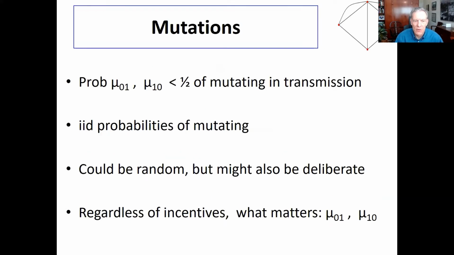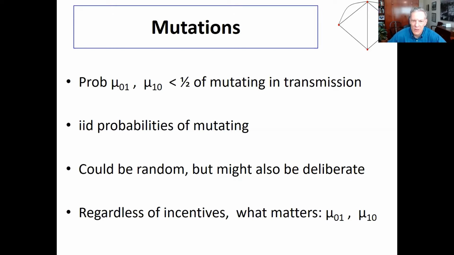In particular, there are going to be mutation probabilities, mu01 and mu10, which are the chances that the message moves from being a 0 to a 1, or vice versa. So somebody changes it from saying climate change is a problem to saying climate change is not a problem.